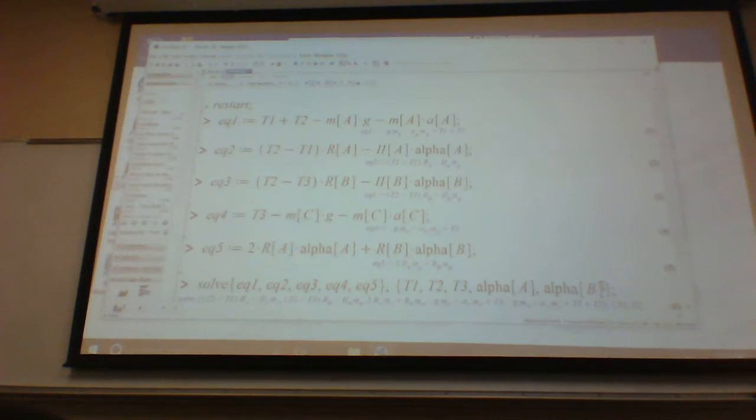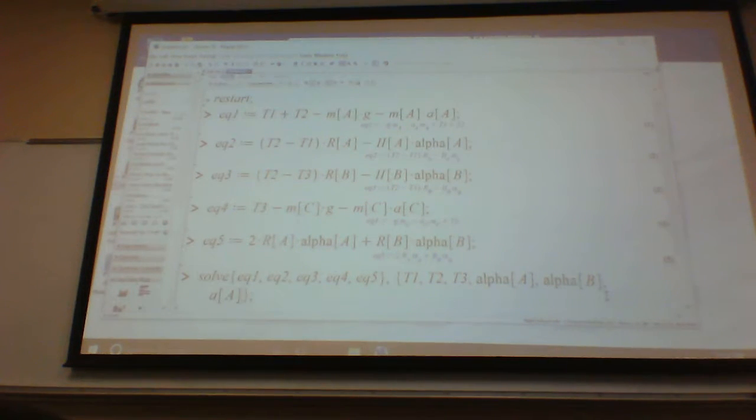Okay, so I think I know what's happening here. So we go back to the monitor. I think here at the end we have to solve for everything for these to work. So we have to solve here for acceleration of A and acceleration of C. So that means we have unknowns 1, 2, 3, 4, 5, 6, 7.